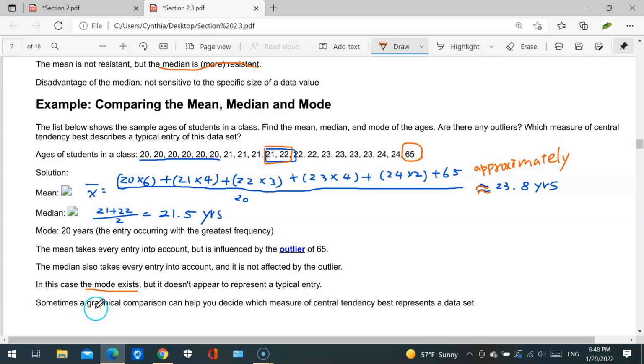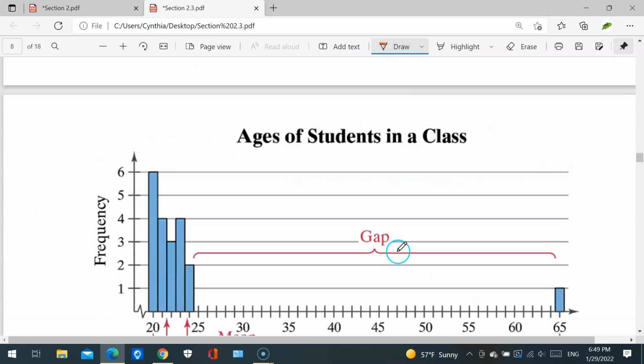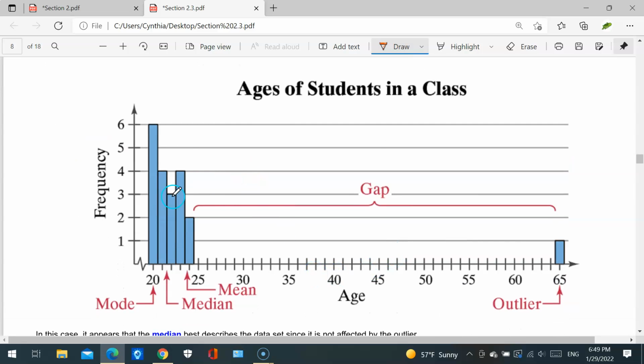Sometimes a graphical comparison can help you decide which measure of central tendency best represents a data set. So we look at the graph here. The horizontal axis represents the age of the students in a class.